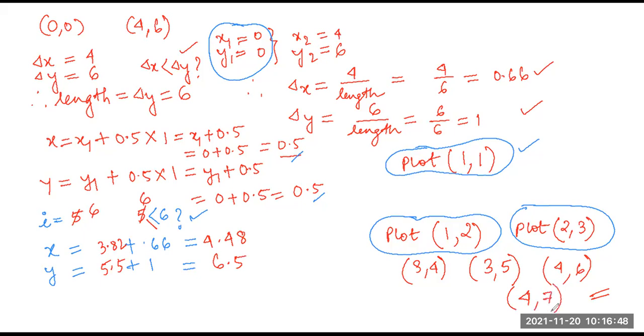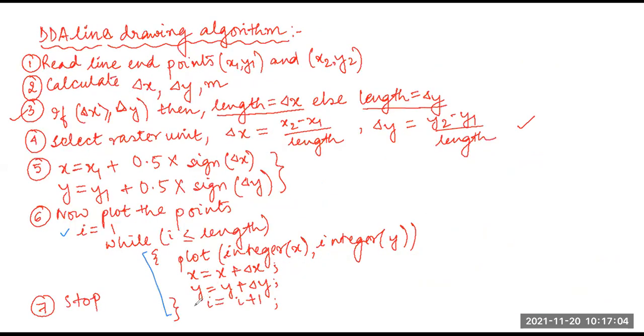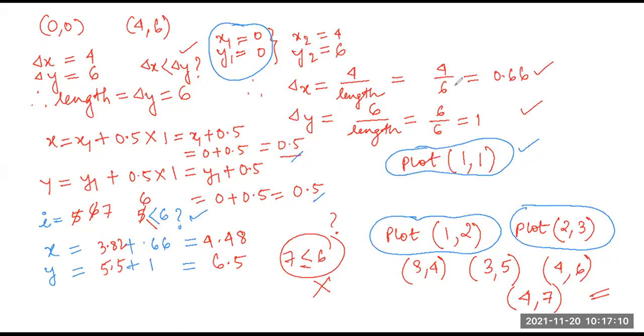Now your I, then again you will do I plus plus, your I will be 7. Is 7 less than equal to 6? No. So we will stop over here, because our algorithm says once our while loop is not satisfied, the next step is stop. And in between you have got the points.